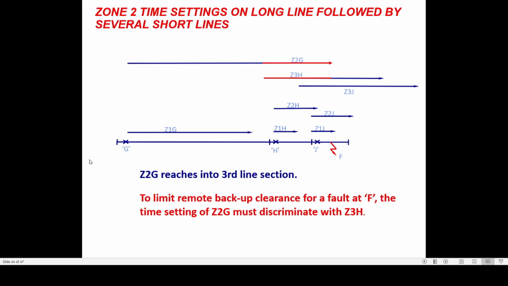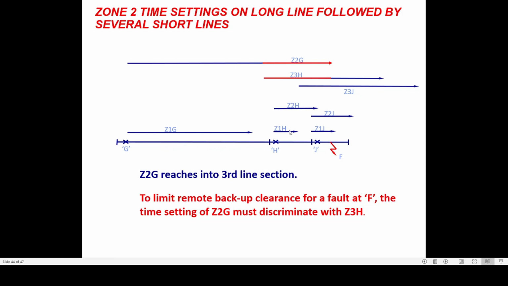Now what happens? Zone 1G of this line GH is well and good, no issue up to this point, because however long this line is, we set only 80% of that line impedance for zone 1. Now zone 2 is 120% of this long line.